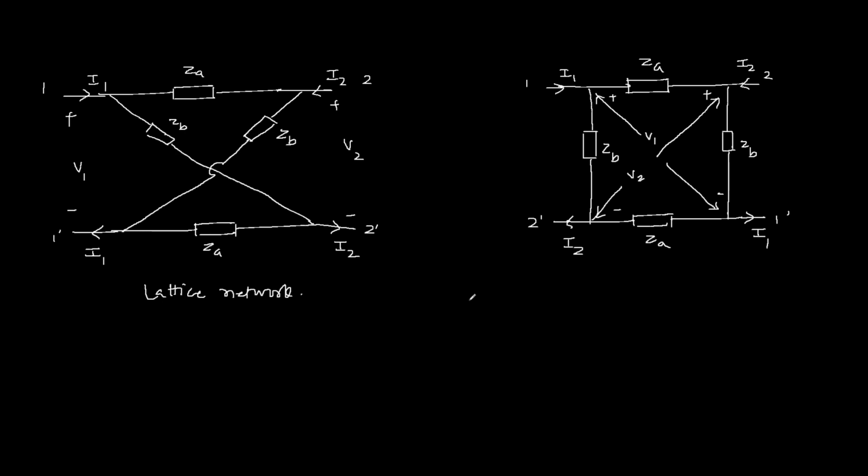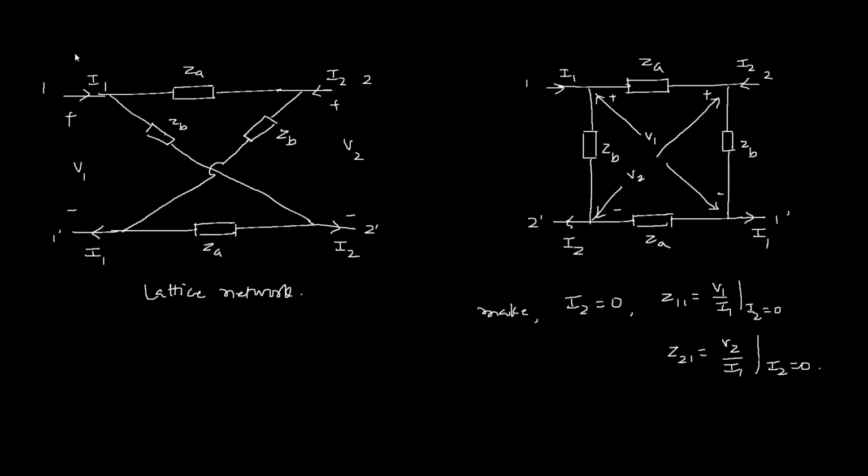So let us suppose that I2 is 0. We'll make I2 0 so that we can find out Z11, which is V1 by I1 when I2 is 0, and similarly Z21, which is V2 by I1 when I2 is 0.